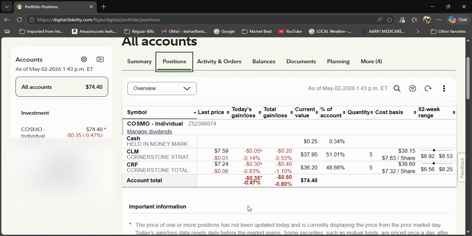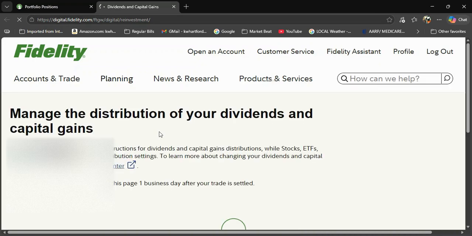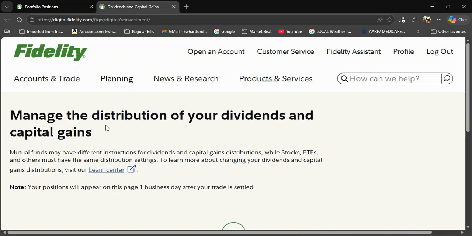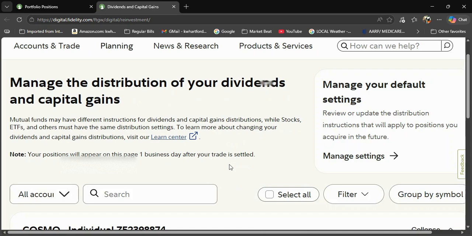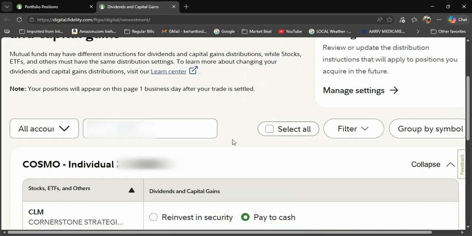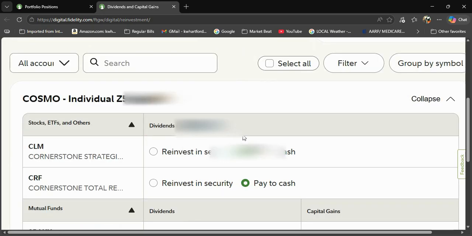One of the first things you want to do after you initially get to this point is go to Manage Dividends, and manage the distribution of your dividends and capital gains. You're going to be getting about 12 cents per month per share that you have in your accounts.